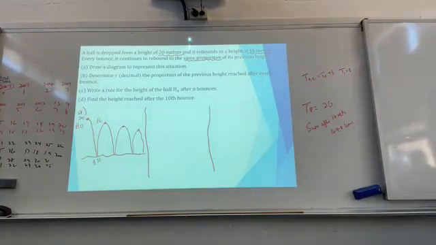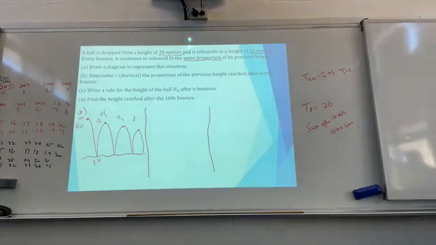After the first bounce, it goes up to H1. So this will be H1, this will be H2, this will be H3. Happy with that? Understand what I'm trying to get at? So you need to think about what it is related to. This is related to the bounces.